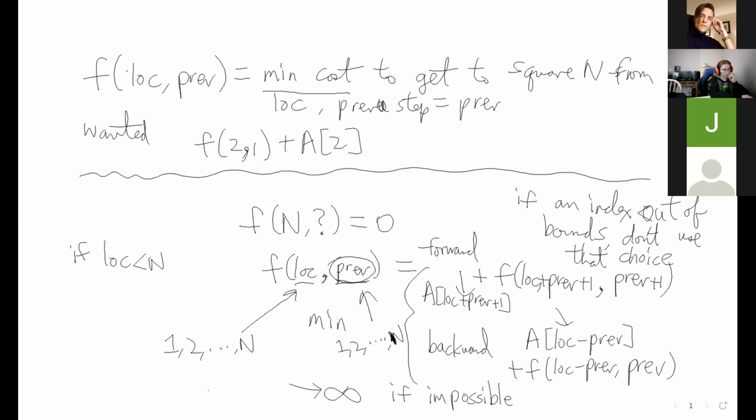So there's no reason to consider anything bigger than n. Then you'll realize that you can only call f on n squared different sets of values: n choices for the first one, n choices for the second one. Altogether, you can never call this function on more than n squared different values.